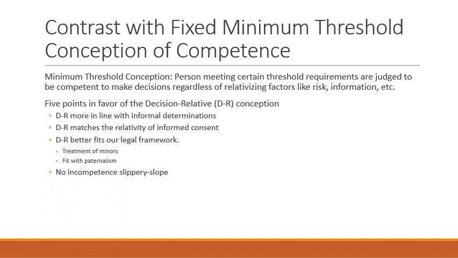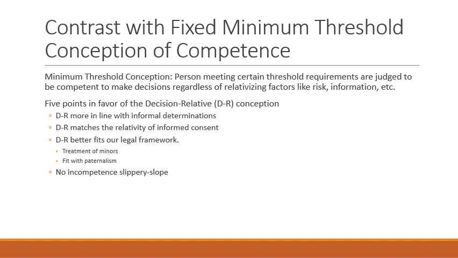The fourth issue is a practical benefit that the view has, which is that if you make the determination relative, then it's relative to that one decision. And if another choice comes along that's different, or under different circumstances, the fact that they were competent or incompetent in one decision isn't going to make them incompetent or competent in another decision.